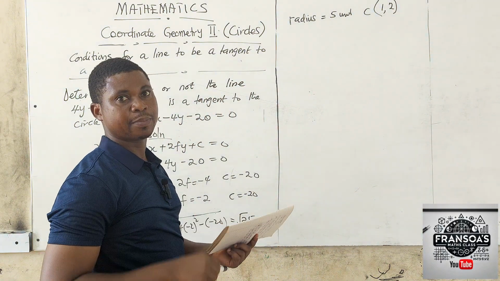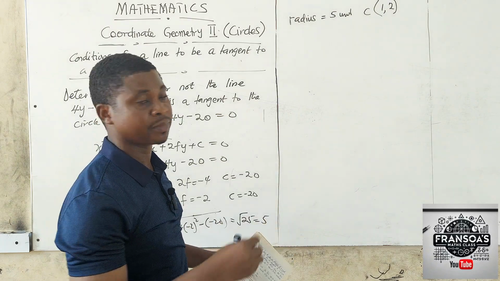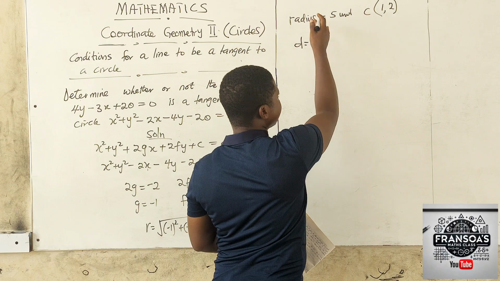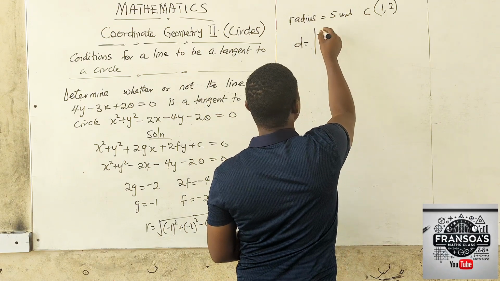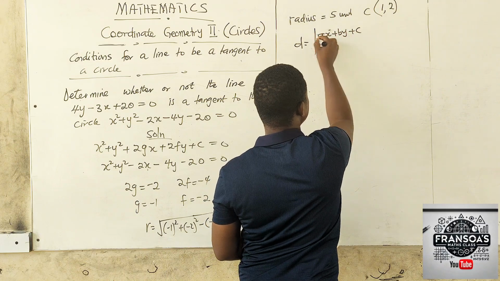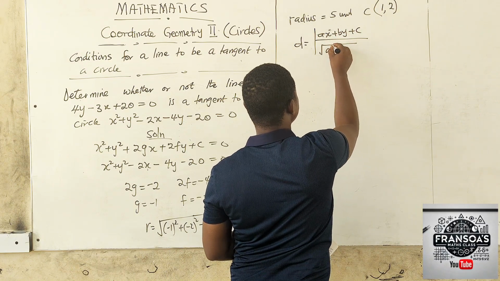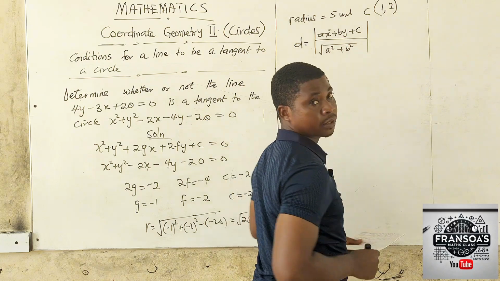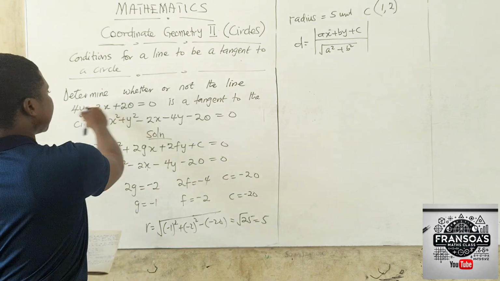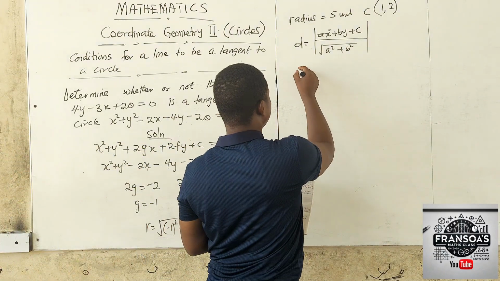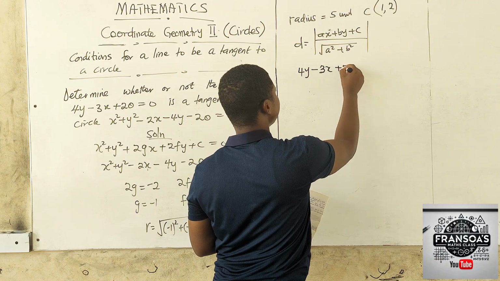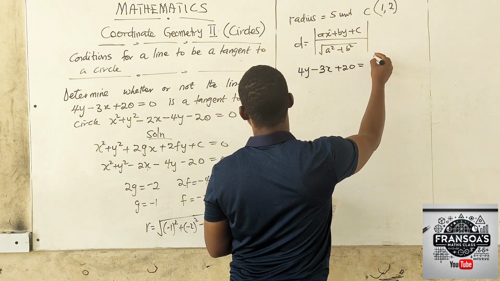Now we are going to find the perpendicular distance. And to find the perpendicular distance, we know already that the formula is d is equal to the absolute value of ax plus by plus c, all over the square root of a squared plus b squared. With this, we already have the equation to be 4y minus 3x plus 20 is equal to 0.